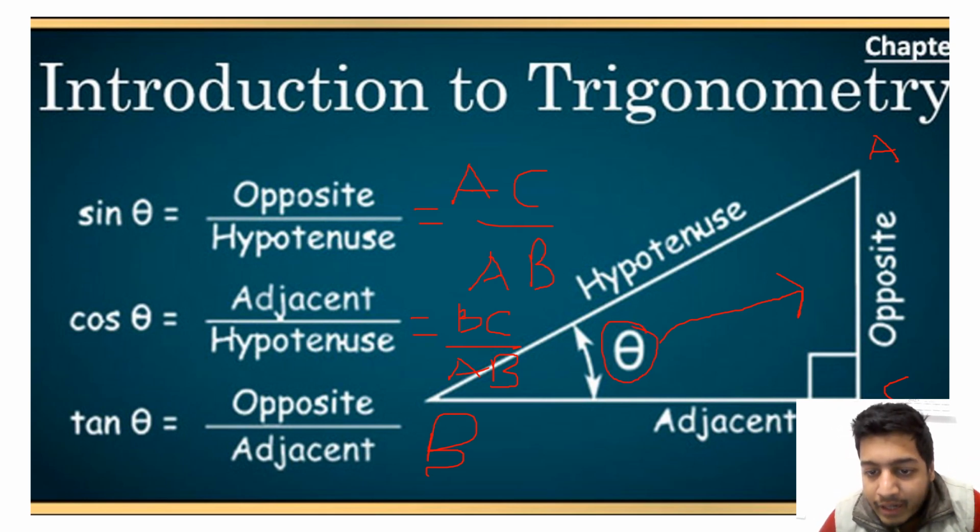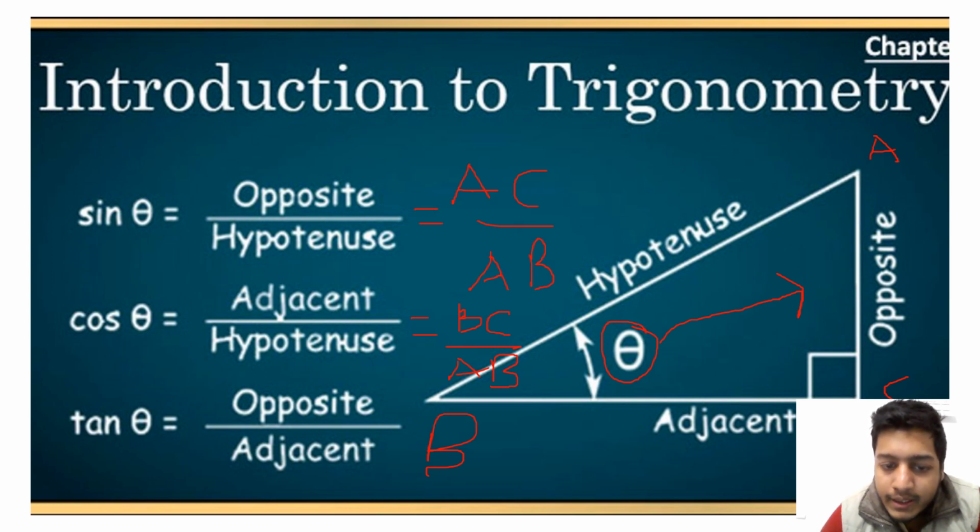This is the main thing that we need to stress upon and learn, that the side which is opposite to the angle theta acts as the perpendicular, and the side which is adjacent to it and shorter than the hypotenuse acts as the base. And this hypotenuse is the longest side in a triangle. These three terms are very necessary to remember, which are perpendicular, base, and hypotenuse. Okay.